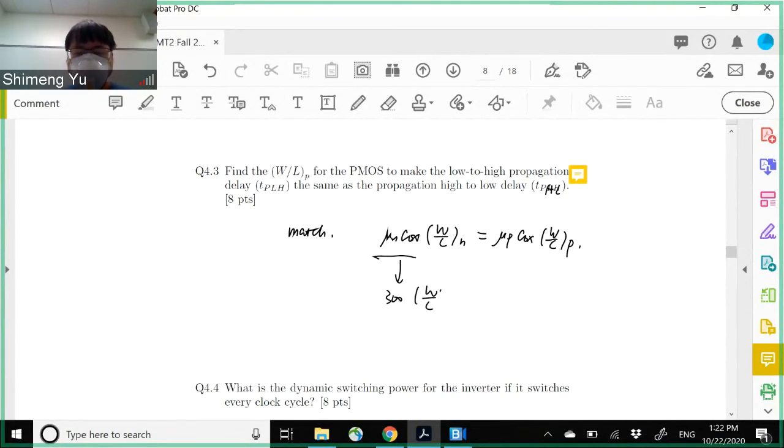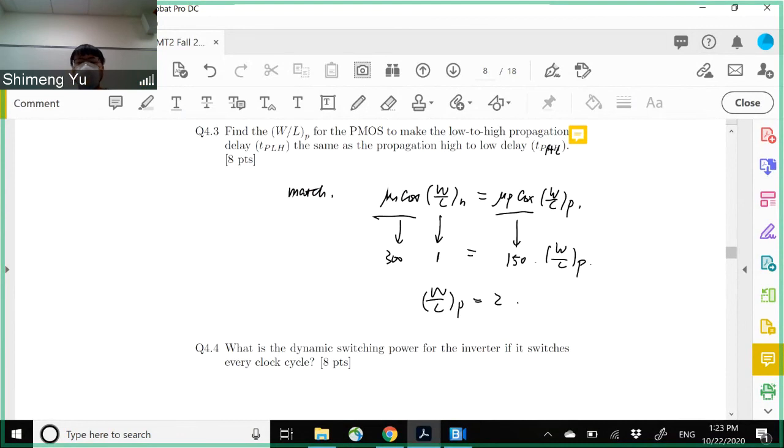W over Ln is 1 from the question. And this from the question is 150. And you can get the W over Lp very easily. So it's just a 2. So PMOS needs to be wider because the mobility ratio mu n over mu p is like 2.